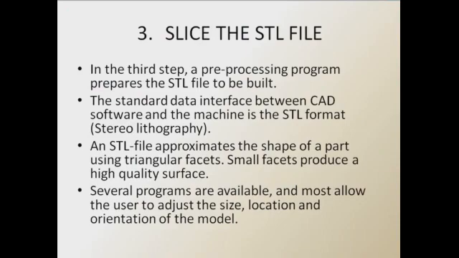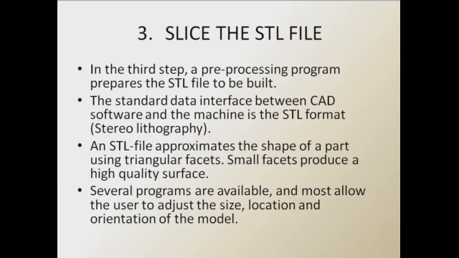In the third step, a preprocessor program prepares the STL file to be built. There should be an interface between the solid CAD drawing and the machine building, and that is the stereolithography format. An STL file, as I said earlier, contains small triangular elements, and these small elements are assembled to form a particular model.